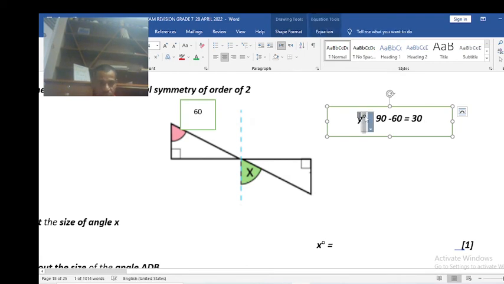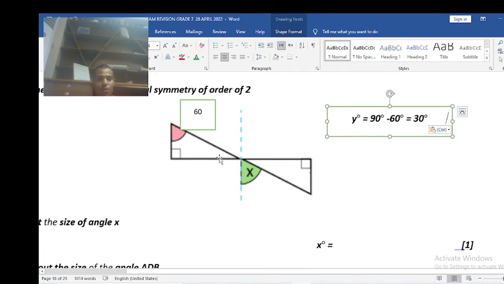Don't forget the symbol, because the marker will cut half a mark for this one. You should make sure that the units of degrees are put into consideration. So now this angle is Y.